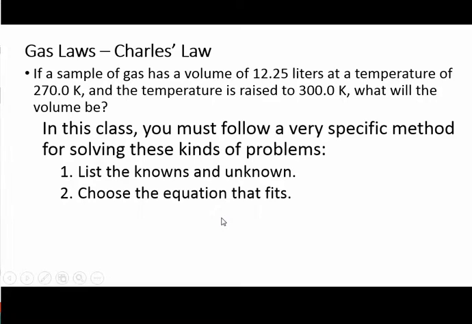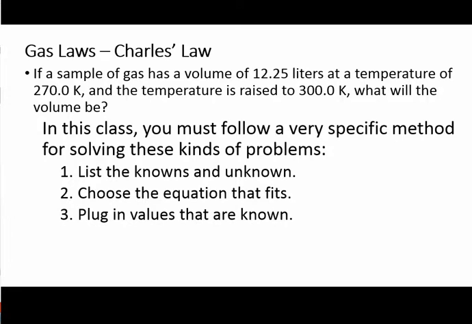And then you're going to choose the equation that fits that list. That's how you're going to figure out which equation to use. Now, we'll be going through equation by equation, so initially you'll know in advance which equation you're using. But when we get near the end of the unit and you have to figure out which equation to use, then this process is going to help you a lot. Then the third thing is to plug in the values that are known.